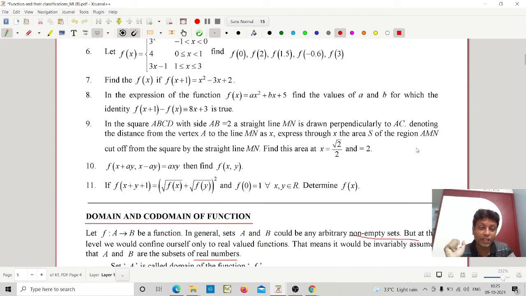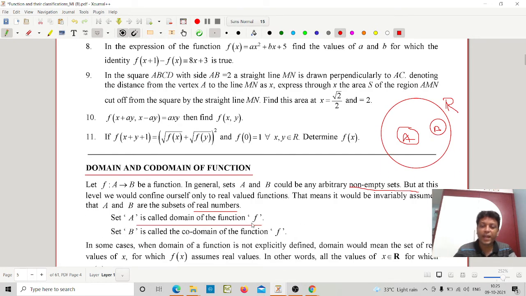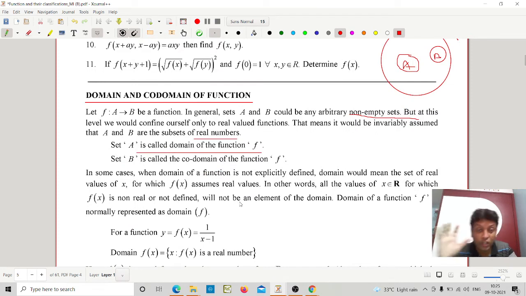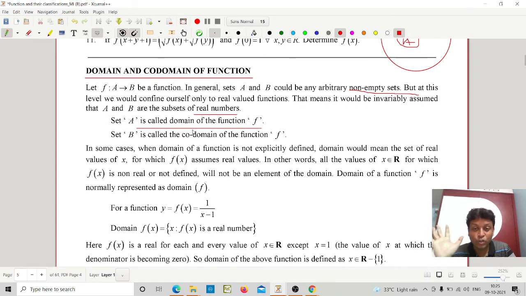So A and B are subsets of real numbers only. If this is the real numbers, this is your A and this is your B, some subsets inside the real numbers. We will be only talking about real numbers, not others. Set A is called the domain of the function f, set B is called the codomain of the function f.